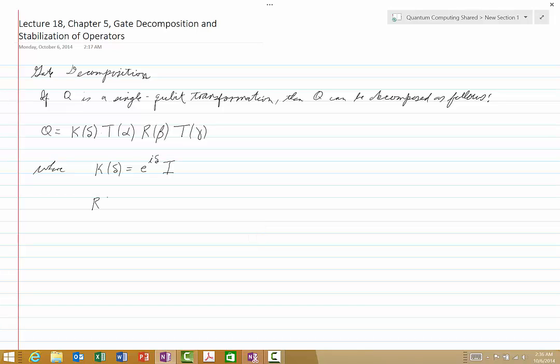R of beta is equal to cosine beta, sine beta, minus sine beta, cosine beta, and T of alpha is equal to e to the i alpha, 0, 0, e to the minus i alpha.